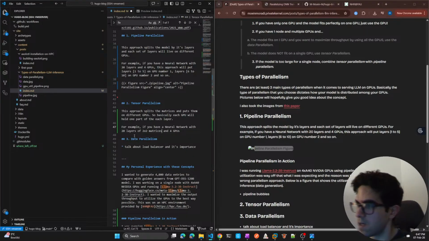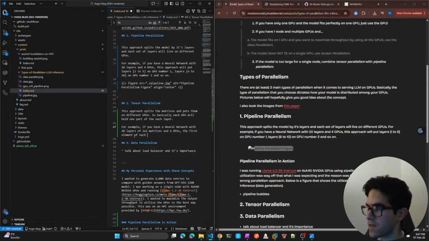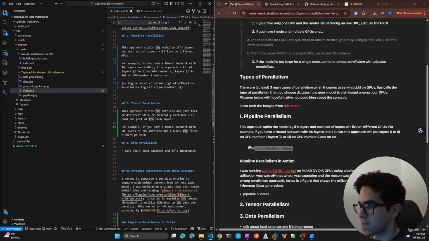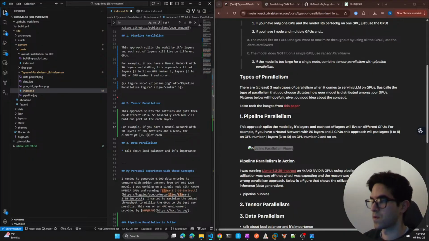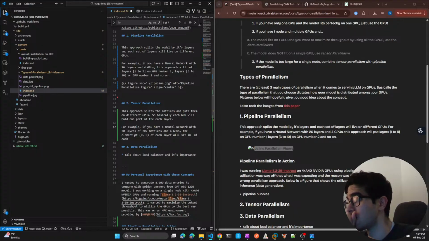If you have a neural network, 20 layers of 2x2 matrices and 4 GPUs, the first element of each, or should I say the element at 0 and 0 of each layer will sit in GPU number 1.